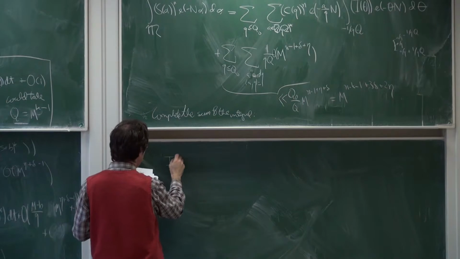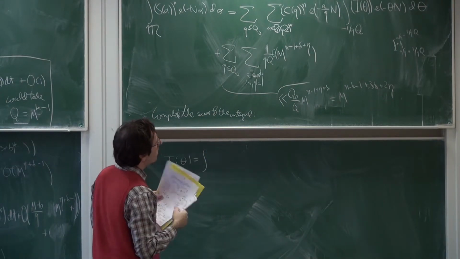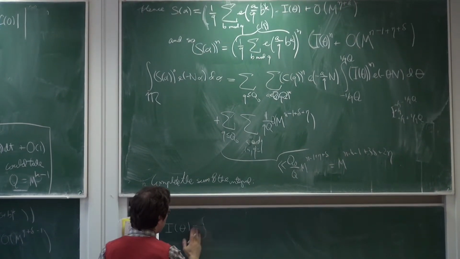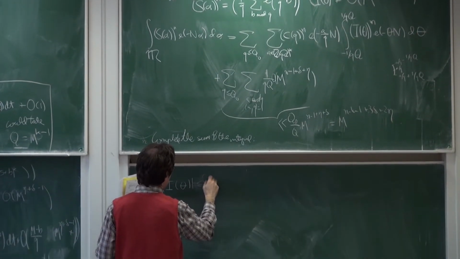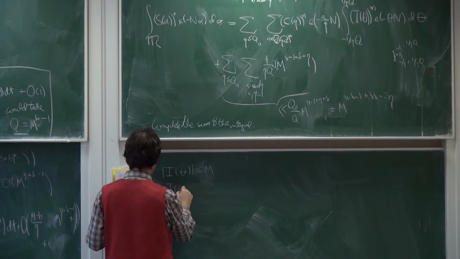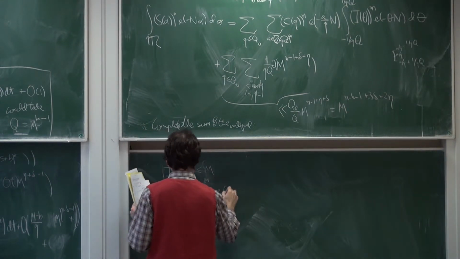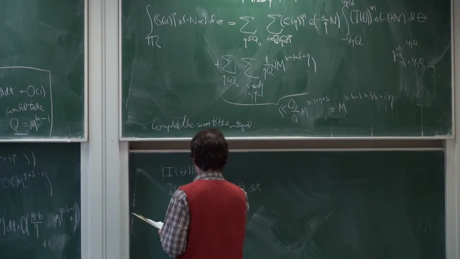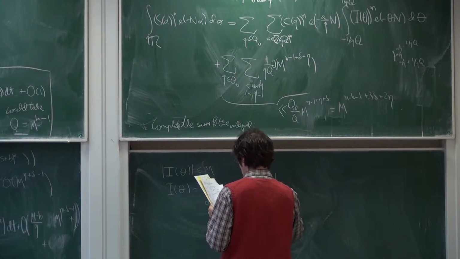So first of all, I of theta. What is I of theta? I want to get some sort of approximation for I of theta. Of course the trivial bound is going to be m, but I also have a different bound. You get the trivial bound from here, but we can also do a substitution of variables.